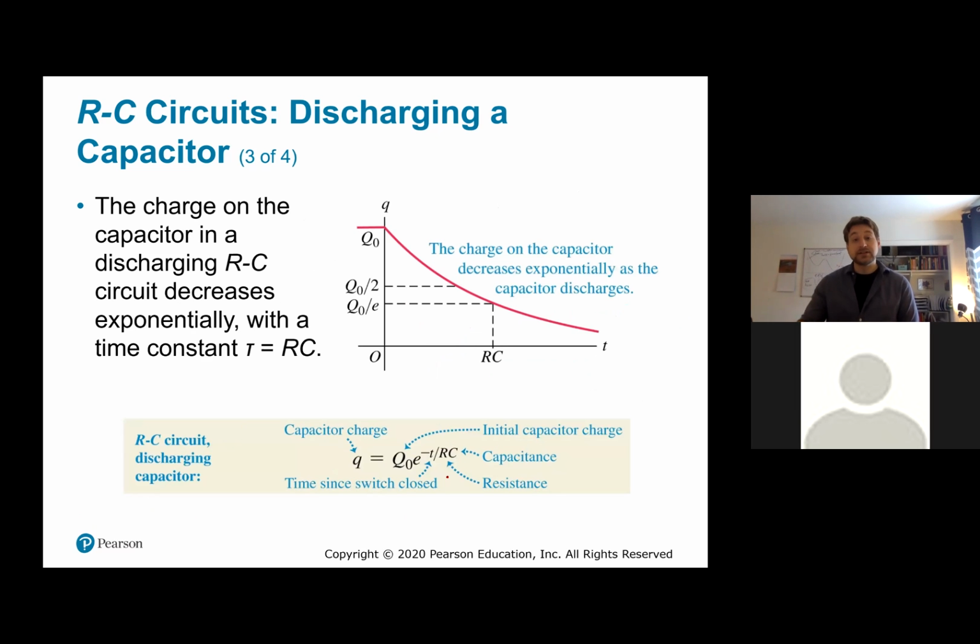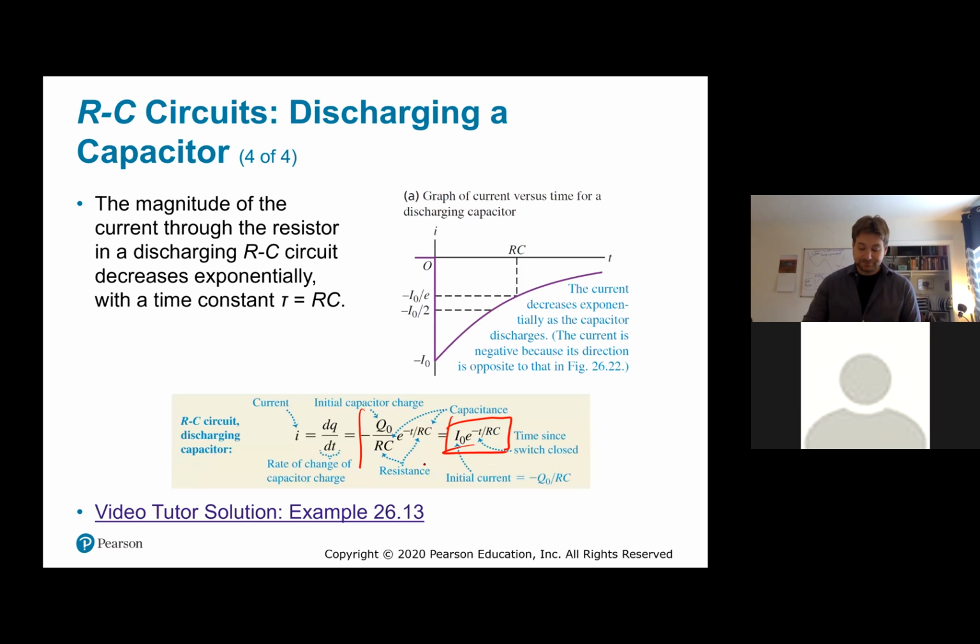When we take this derivative, we get this minus sign. And I guess that minus sign was going to happen regardless. So accounting for the minus sign just means the current is going the other way.